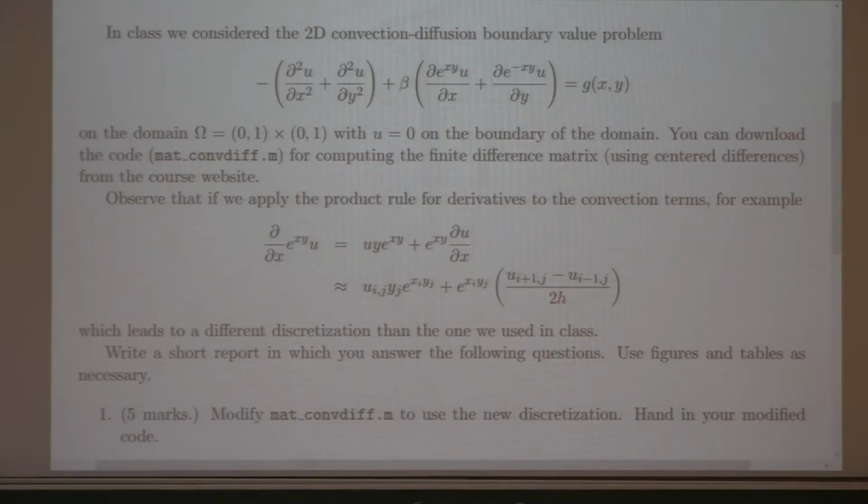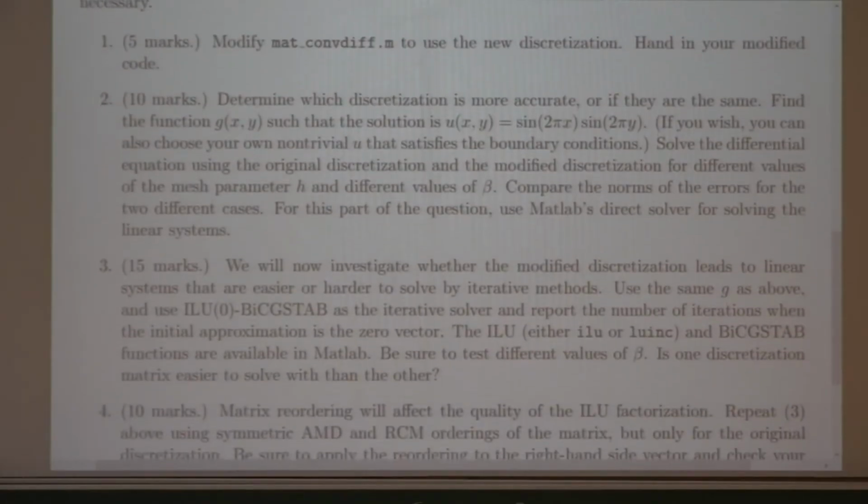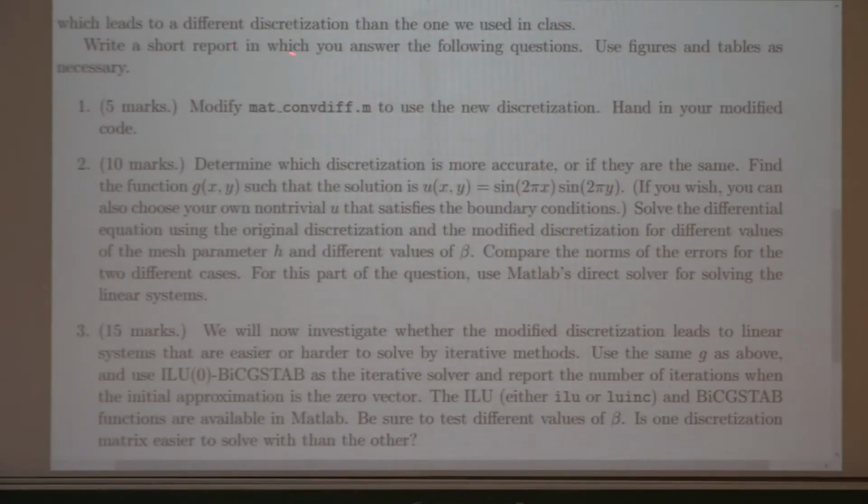So the report is to try to understand the differences between these two discretizations from different points of view. The first thing to try is just to take the existing function and modify it to use a new discretization. By the way, there are 4 questions here, and you should just write a short report to answer them.